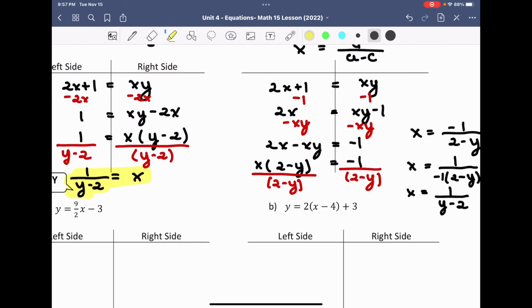Our final answers are the exact same. So if you have a negative value involved in the equation, it can actually directly reverse both of the things involved. In this case, a y and a 2, both of the signs will flip.